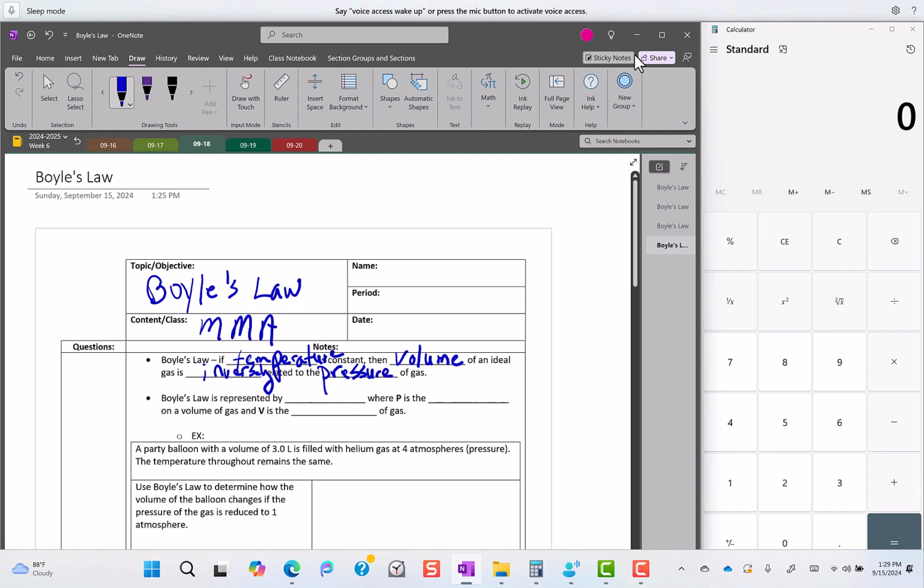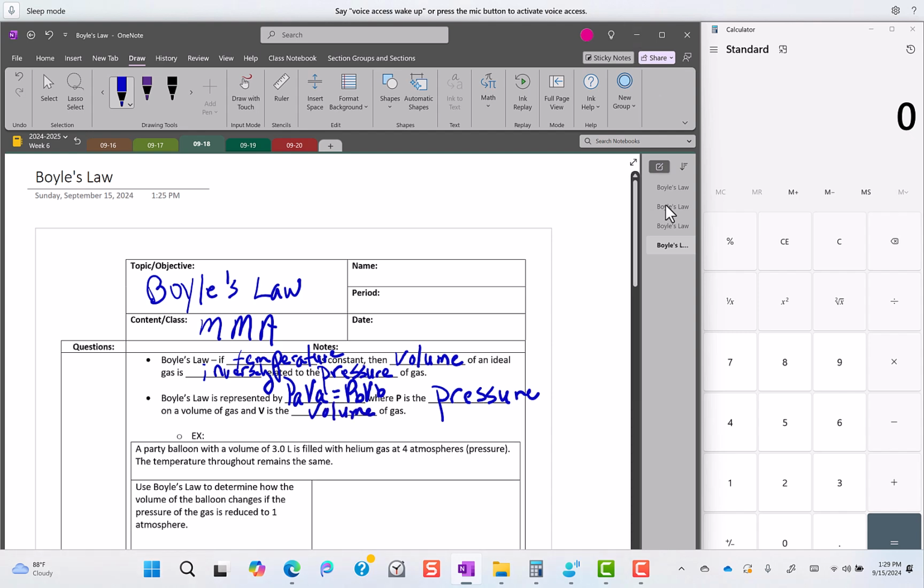Boyle's law is represented by PA VA equals PB VB, where P is the pressure and V is the volume of the gas.